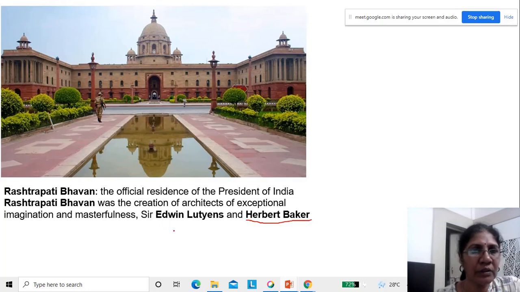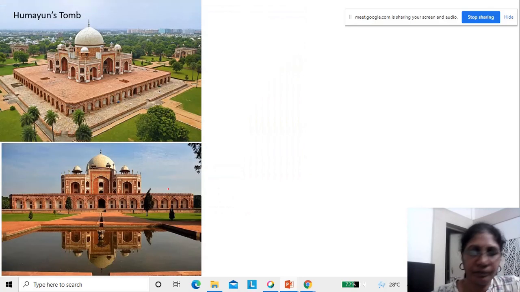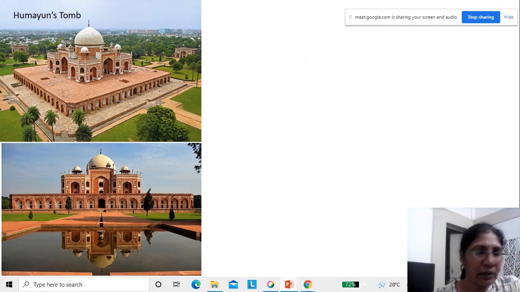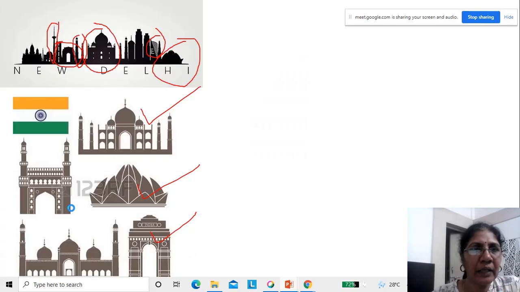All those buildings, the entire avenue including India Gate, have been designed by the same architect. This is India Gate over here.